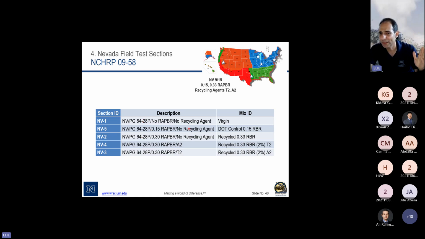The next one is what the state typically has been using, which is 15% RAP, no change. Currently, this is the standard. And then we said, let's use 30% RAP, which ended up being an ABR or reclaimed binder ratio of 33, but with no recycling agent. And then the other two experiments are with two different types of recycling agents, the tall oil and the aromatics.